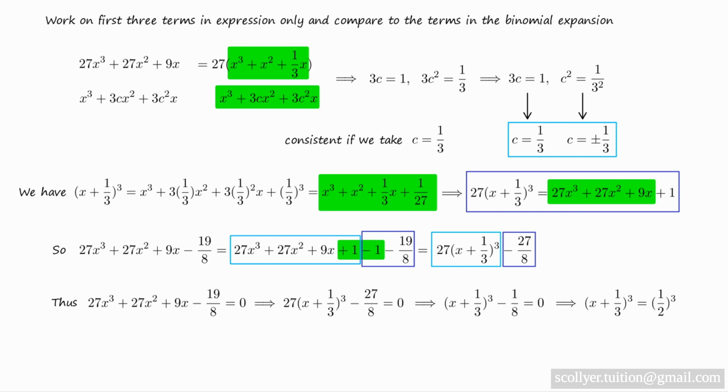And so using the result from part C, we have that x + 1/3 = 1/2, so that x = 1/2 − 1/3, which equals 1/6. And the result from part C tells us that that is the unique solution to the equation in question, so we are done.